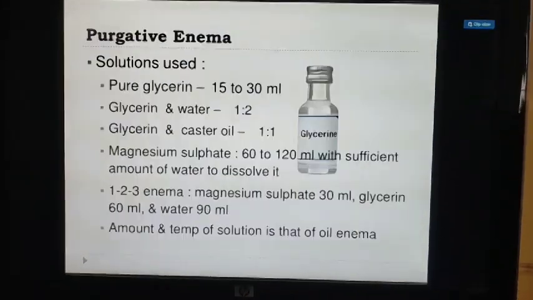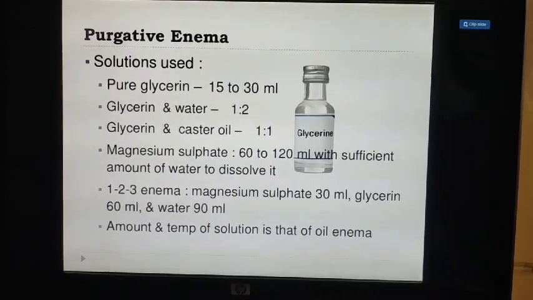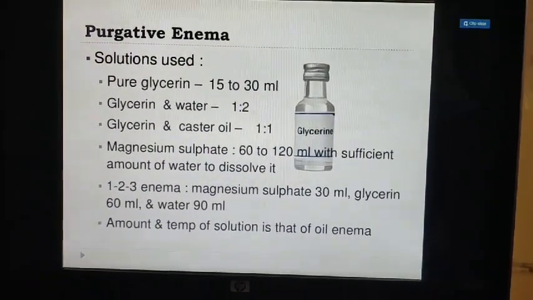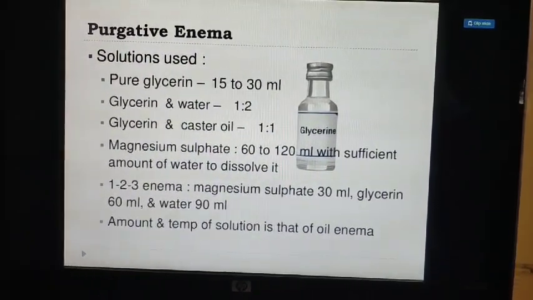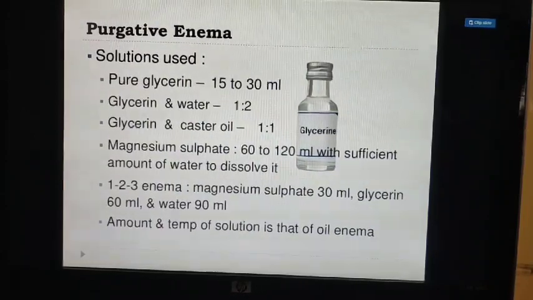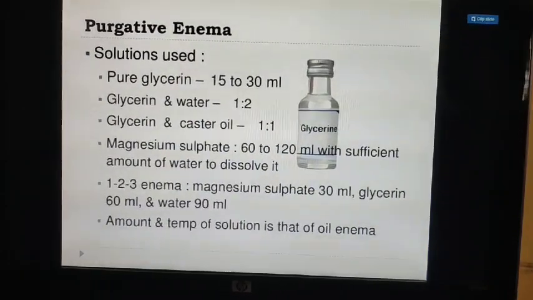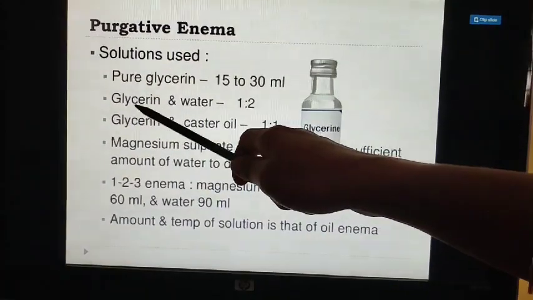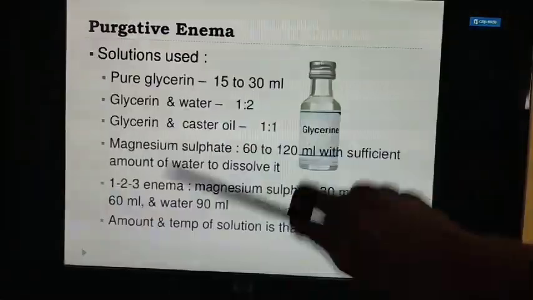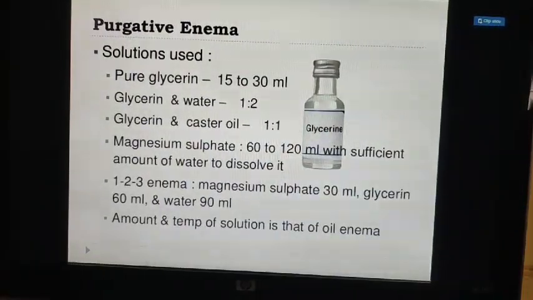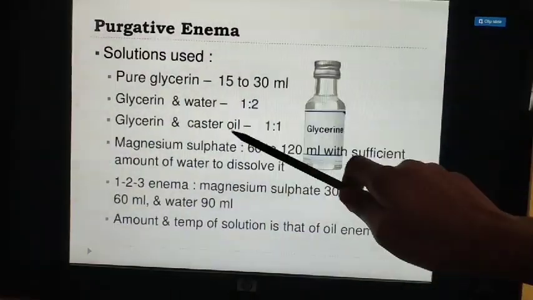Understood? Okay, then we'll see what solutions we can use. We can use pure glycerin, 15 to 30 ml. Then glycerin and water in a 1:2 ratio, meaning if we take 10 ml of glycerin, we take 20 ml of water. We can also use a glycerin and castor oil combination.